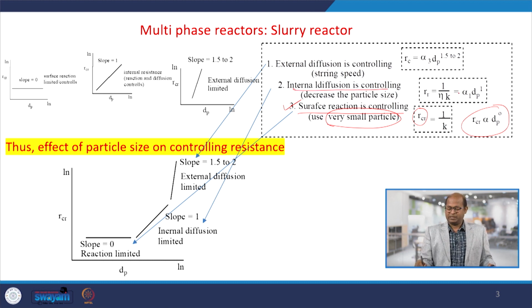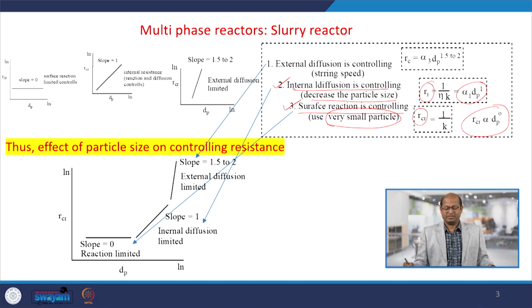If the resistance is directly proportional to the particle diameter dp to the power 1, then we can say that internal diffusion is controlling the reaction in the slurry reactor, and for that also we have to decrease the particle size.